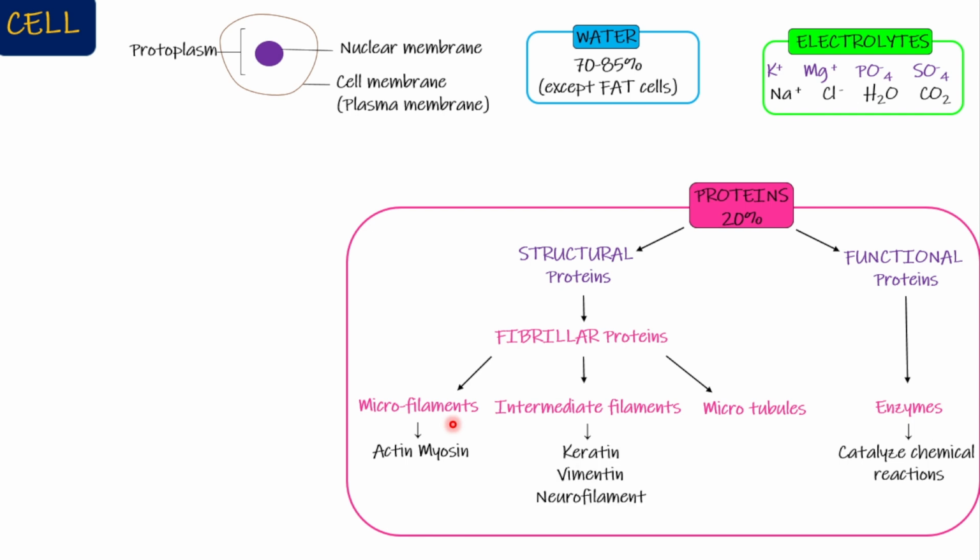Then coming to the intermediate filaments. Intermediate filaments include keratin, vimentin, and neurofilaments. Keratin protein is present in nails, vimentin is present in some mesenchymal cells, and neurofilaments are present in neurons, providing them structural support.